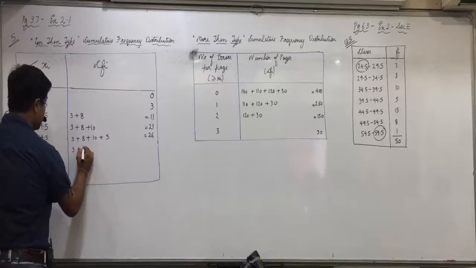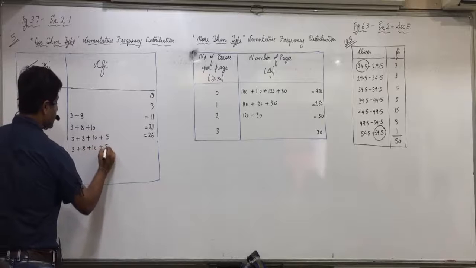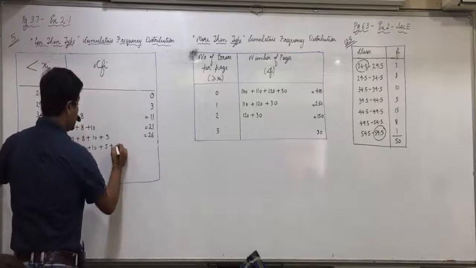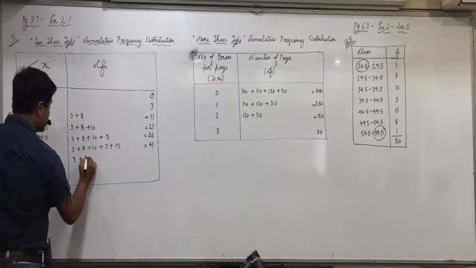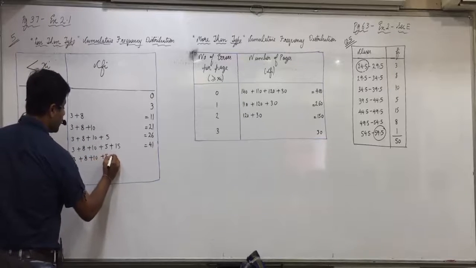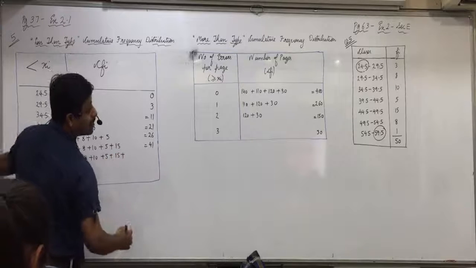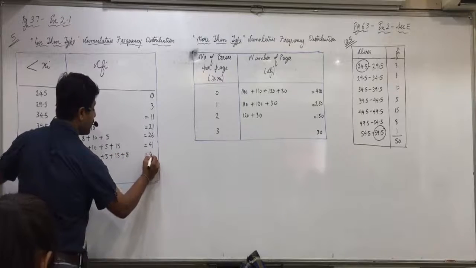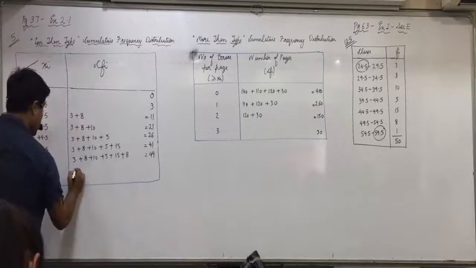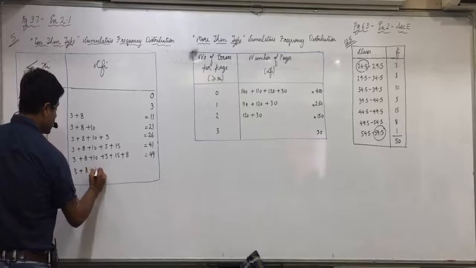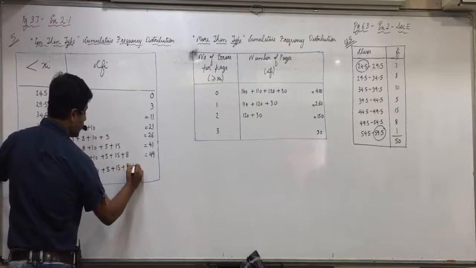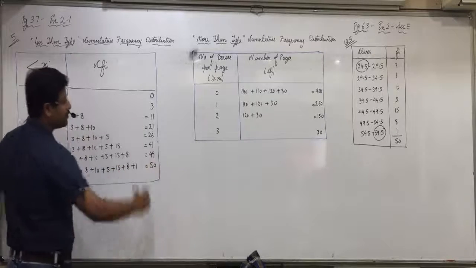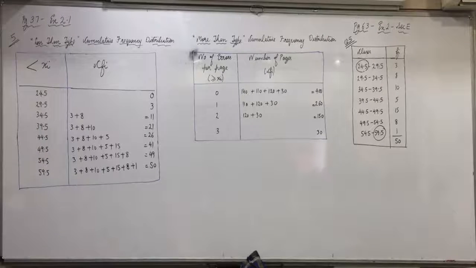Then 3 plus 8 plus 10 plus 5 plus 15, 41. Then 3 plus 8 plus 10 plus 5 plus 15 plus 8, 49. And then 3 plus 8 plus 10 plus 5 plus 15 plus 8 plus 1, 50. So understood this portion or not?